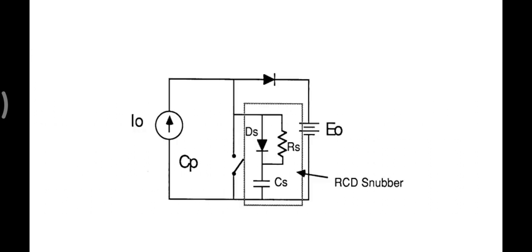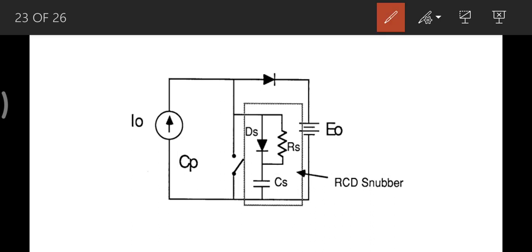See here, this is the basic RCD snubber circuit diagram. In the RCD snubber circuit, this resistor and diode are connected in parallel, and this parallel connection is connected in series with the snubber capacitor.